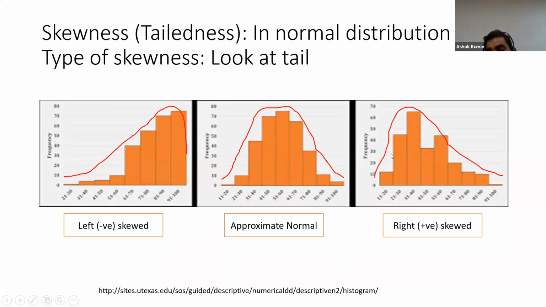On the right side curve, the majority of the observations are close to the y-axis, and the tail is towards the right side. So it's a right side or positive skewed distribution. And in the middle is an approximately normal distribution.